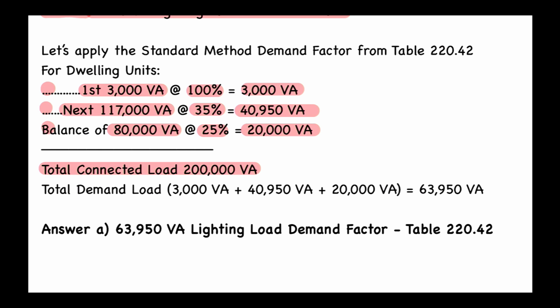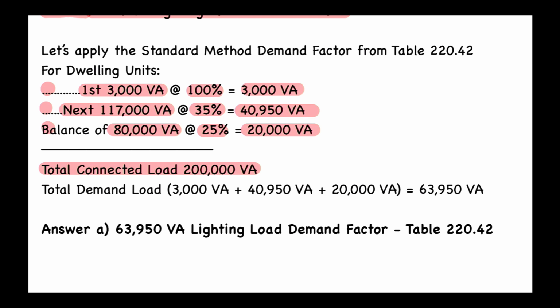It's really important that you start with that connected load, and then apply the first 3,000, and then if there's anything left, you can go up to 117,000 VA at 35%. And if there's anything left after that, you just take the balance at 25%. Let's add up these numbers and see what we get.